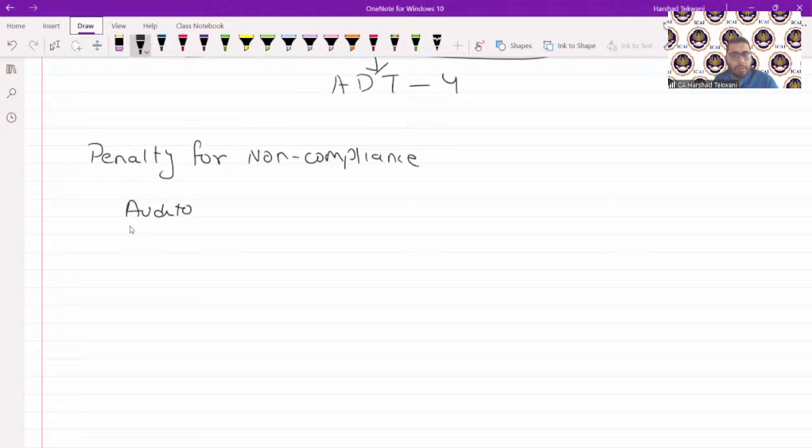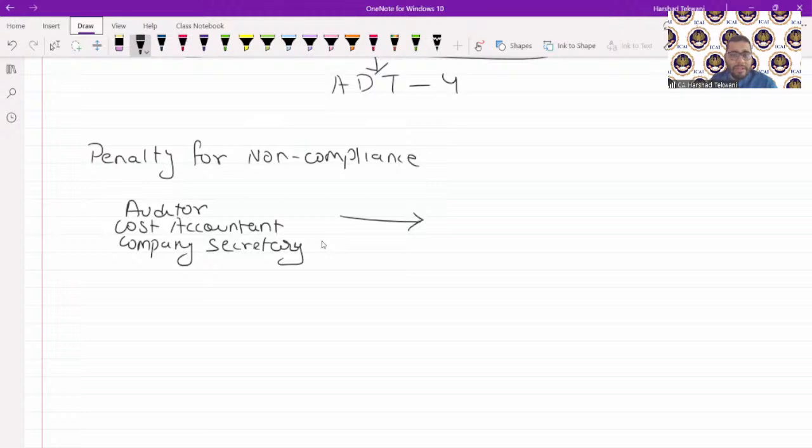Auditor, cost accountant, and company secretary. These are under the purview of penalty. If they do not comply with any of the provisions above, then they need to pay the penalty.